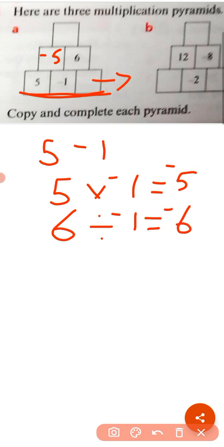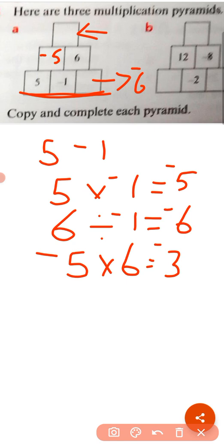So, here the integer is negative 6. Now, let us find the number inside this box, that is negative 5 into 6, which is equal to negative 30. Negative 30 is inside this box.